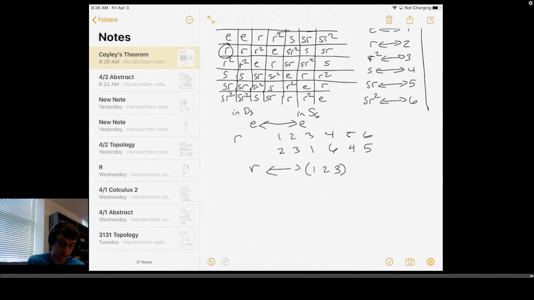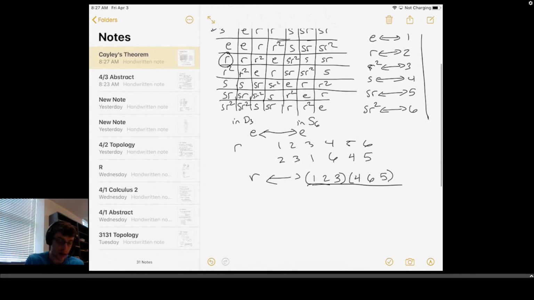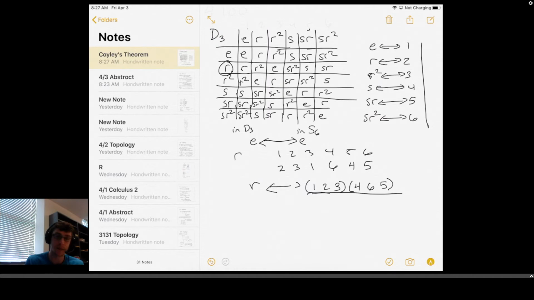Closes it off. 4 goes to 6, 6 goes to 5, 5 goes to 4. I close it off. So now I have written R as an element of S6 in nice cycle notation. And that's exactly where it sends things when I left multiply by it. Questions on that?